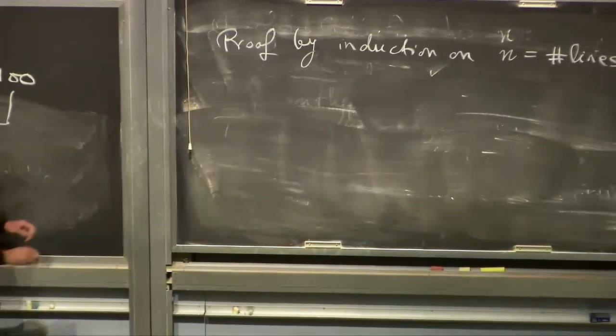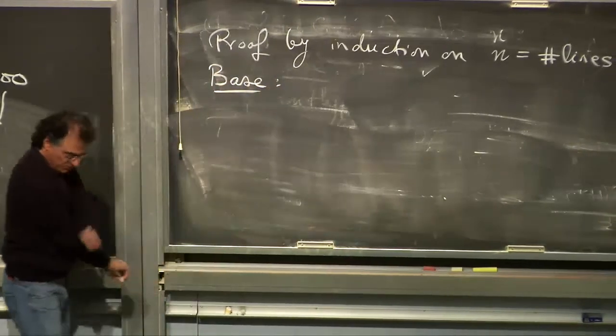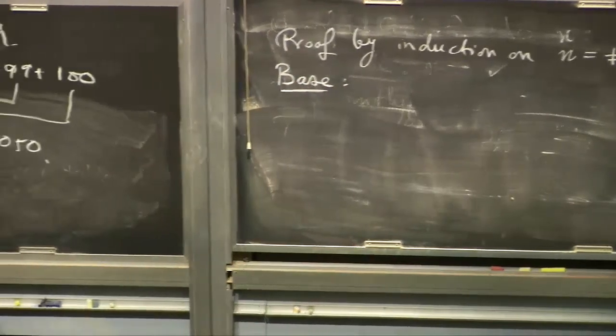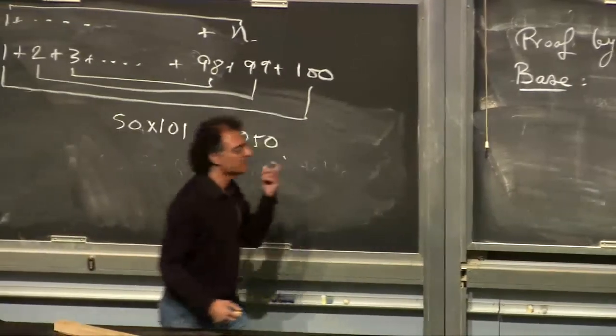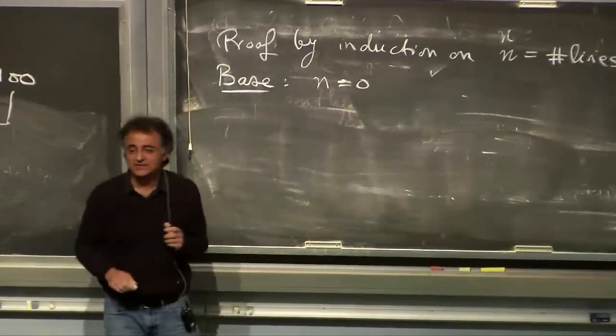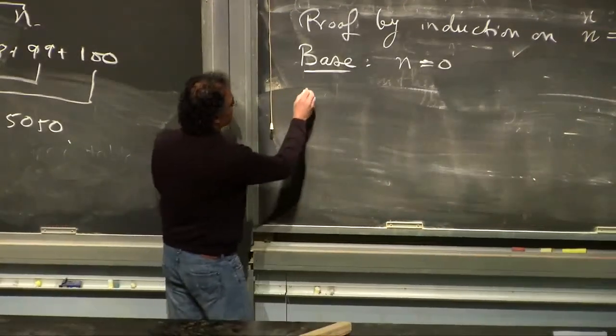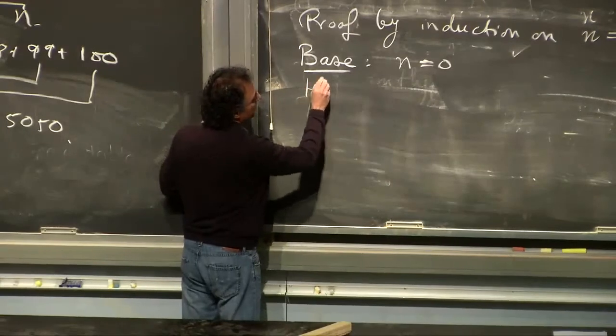Okay? So base case. So what should the base case be? N equal to 0. Okay, n equal to 0. Does it hold? Yeah, sure. Okay. That's trivial. What's our induction hypothesis?